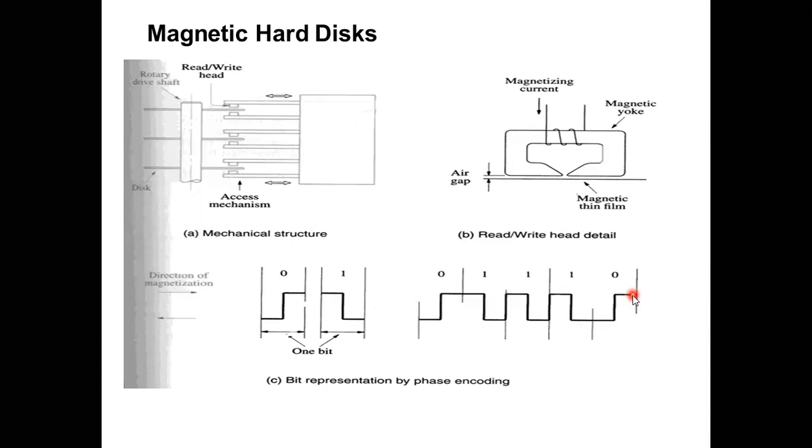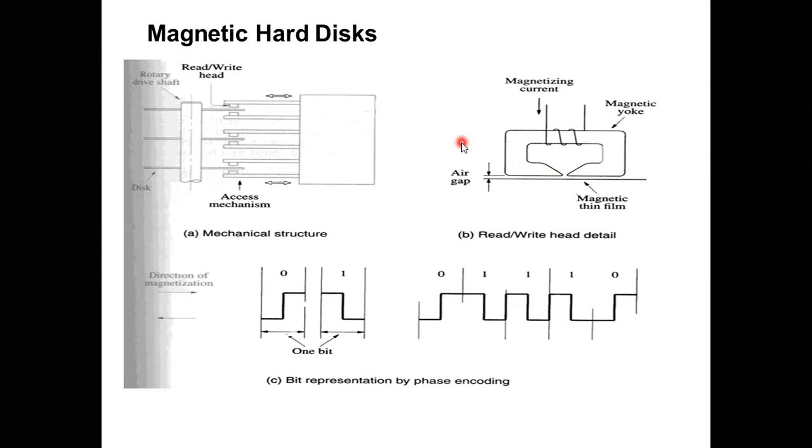So by this phase encoding method, the magnetic read-write head can read the information from the disk. These are the different ways, and there are other ways by which you can read the information. However, in this magnetic hard disk, we are using this particular read-write head with the help of magnetized current.